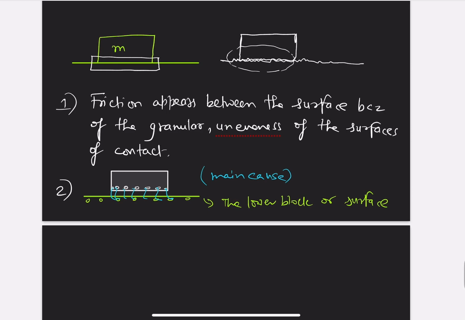Of course this is because of bonds getting formed between these two surfaces, due to which they resist the relative motion between the two surfaces. I hope you understood. So this is the second cause, the electromagnetic interaction.